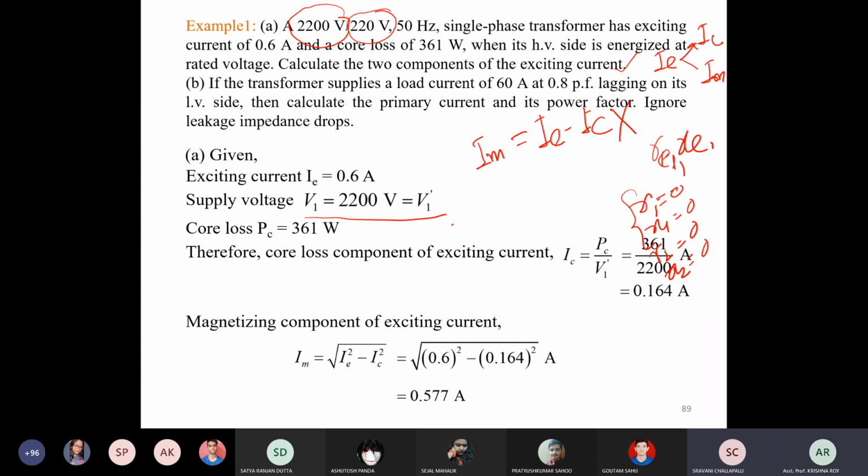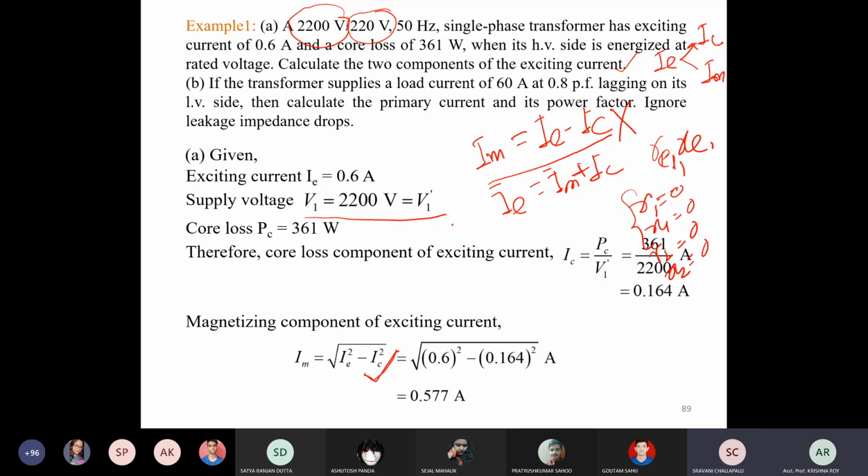So please note that we cannot use this equation because IM and IC are phasors. And IE also, all these currents are phasor currents, so we cannot use an algebraic equation. We have to use the phasor equation, that is IE equals IM phasor plus IC phasor.